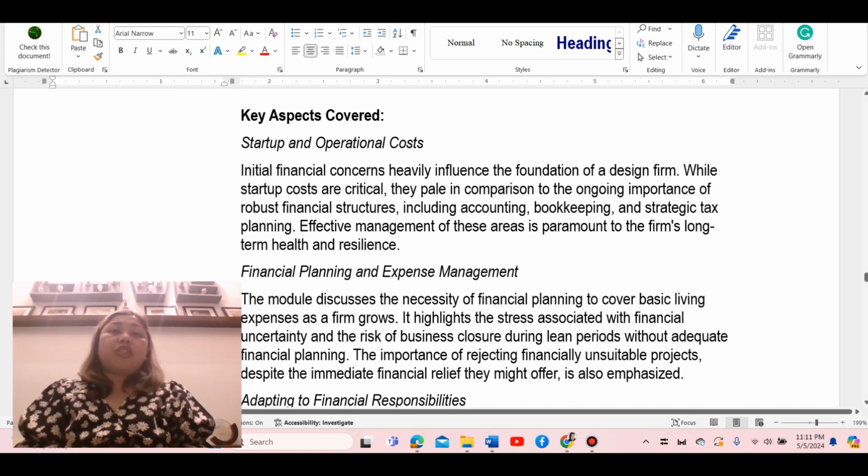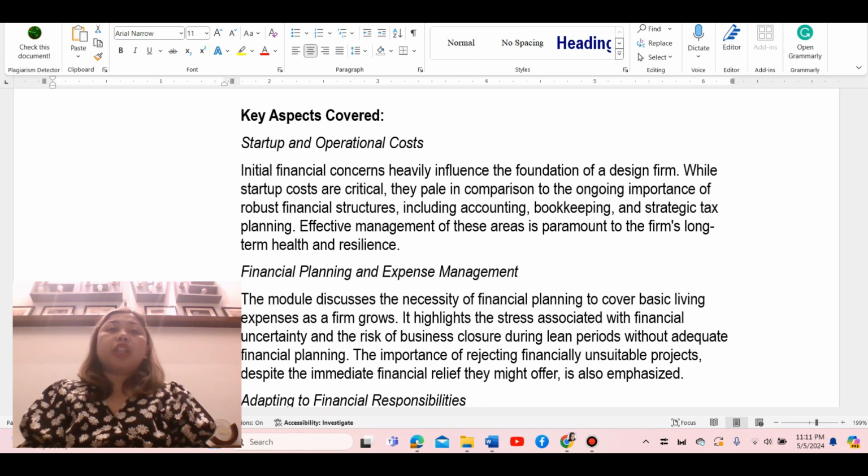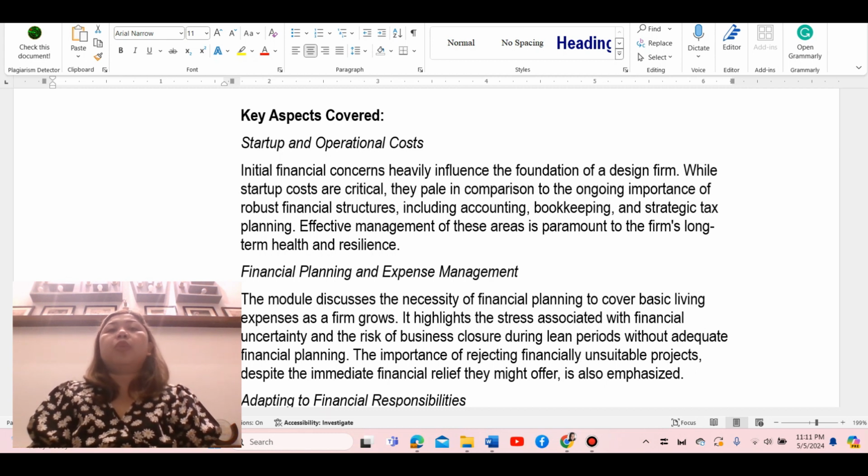The key aspects covered are the following. First, startup and operational cost. Initial financial concerns heavily influence the foundation of a design firm.